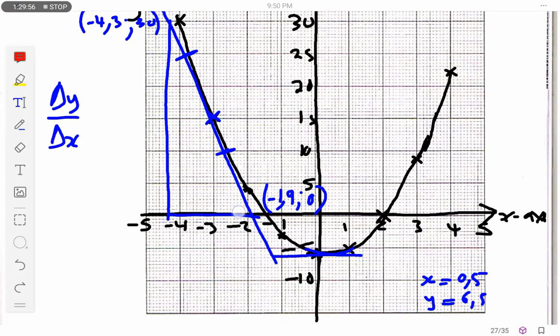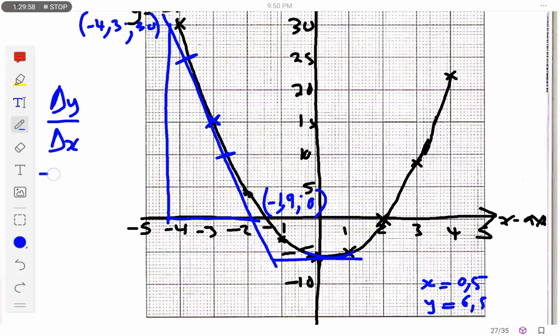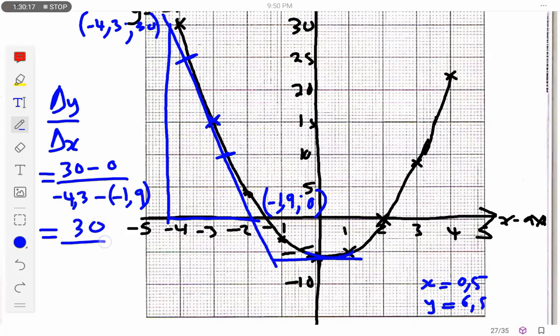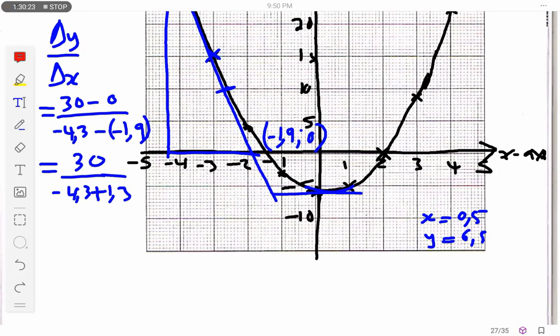When I do that, this is going to give me 30 minus 0 over minus 4.3 minus 1.9, like that. At the end of the day, when I now divide, I have 30 over minus 4.3 plus 1.9. Minus and minus, they will give me a plus.